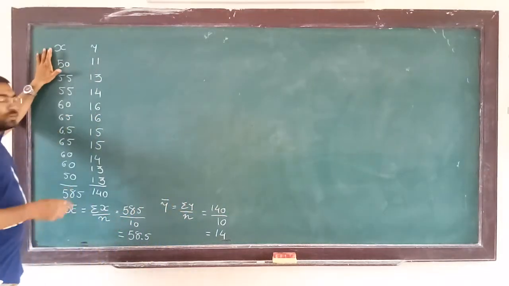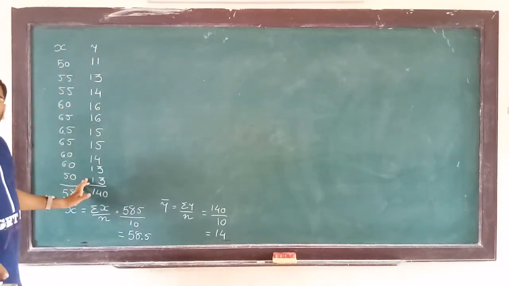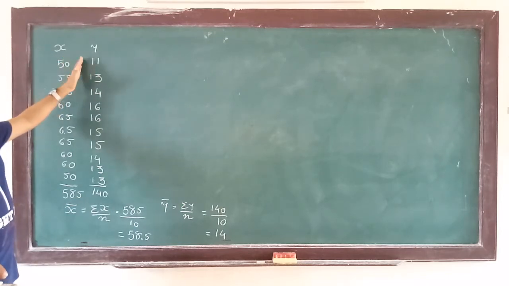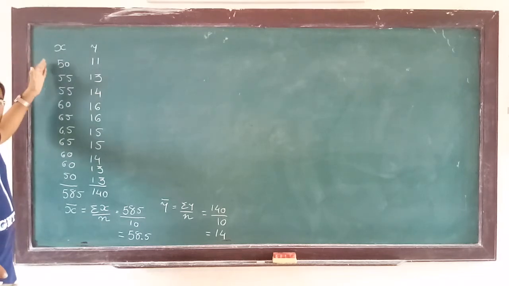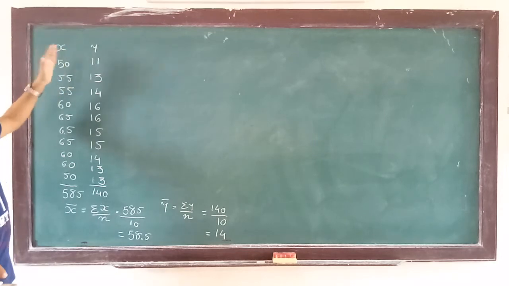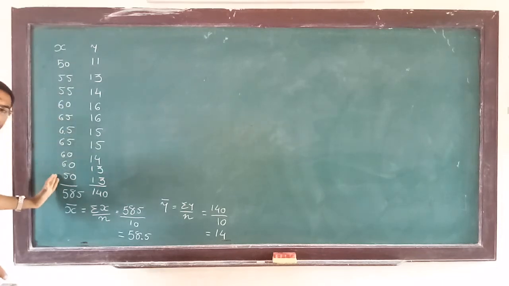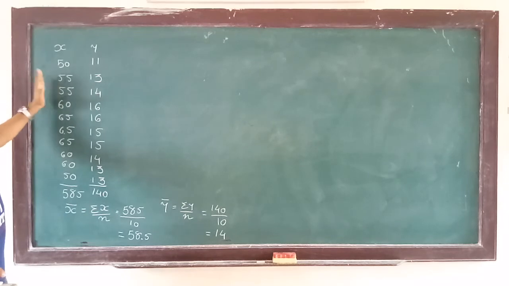The focus of the clue is the size of the x and y values. In the xy method, the values of x and y are under 40, and in the shortcut UV method, the values of x and y are more than 40. Let's see the values of x. All the values are more than 40. Then we can do the shortcut method.